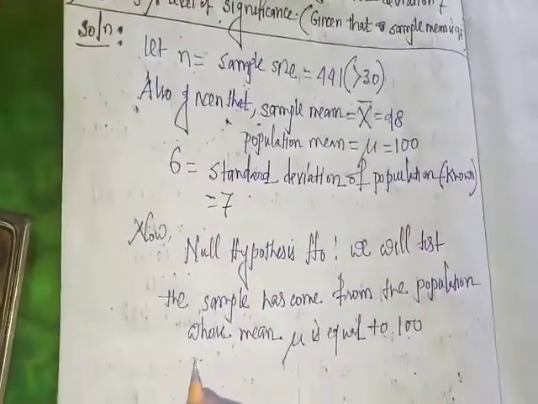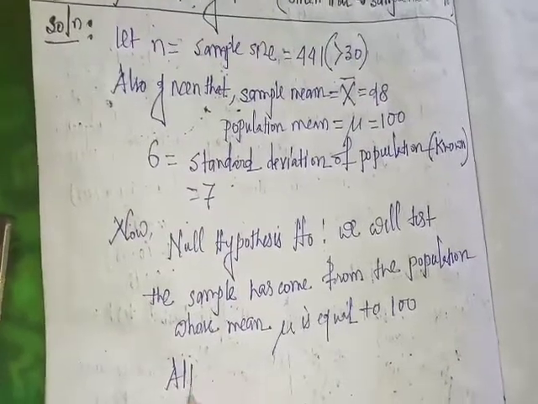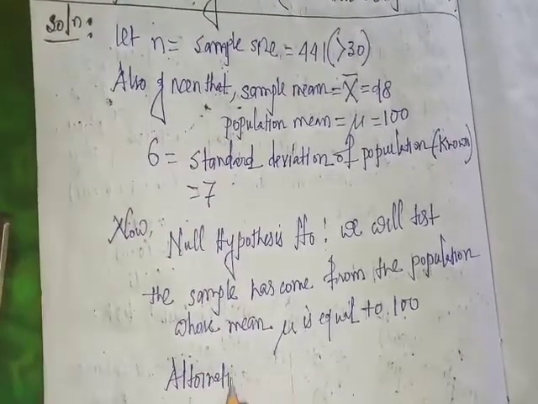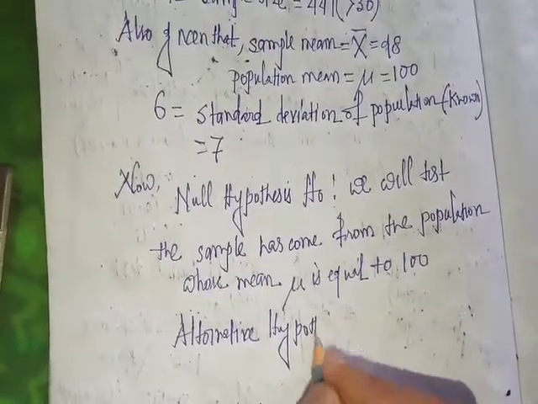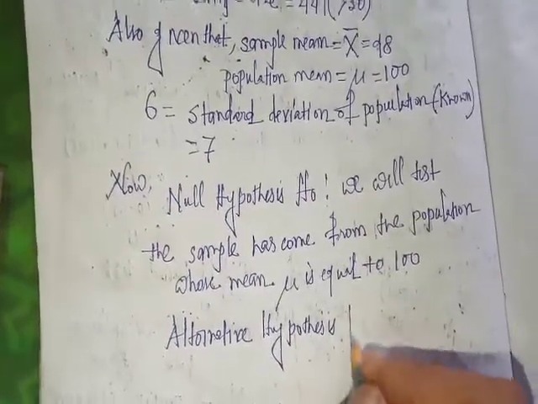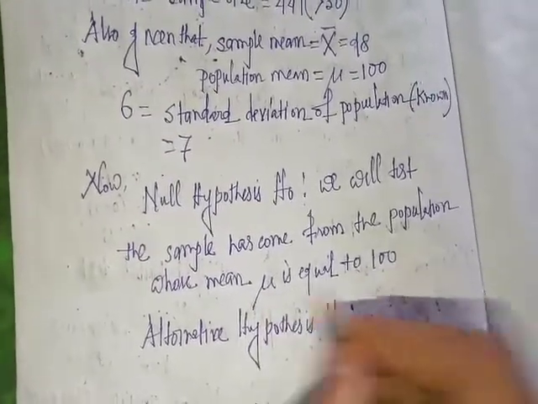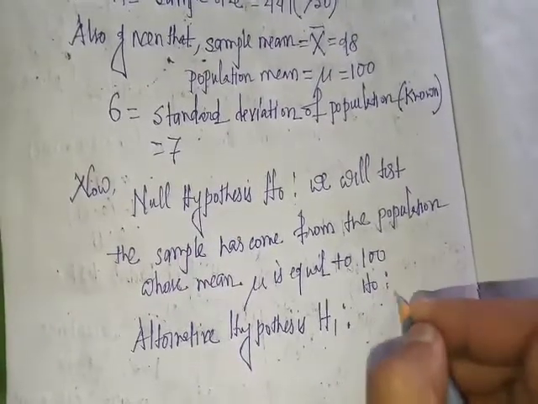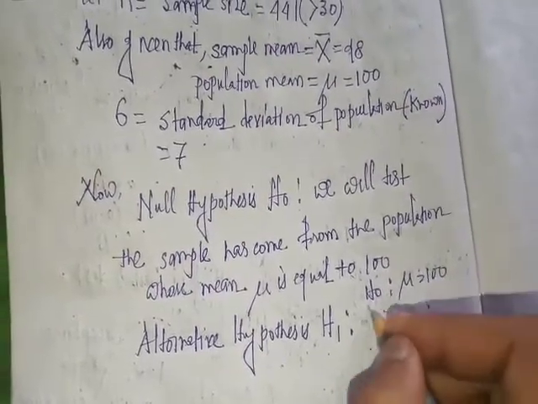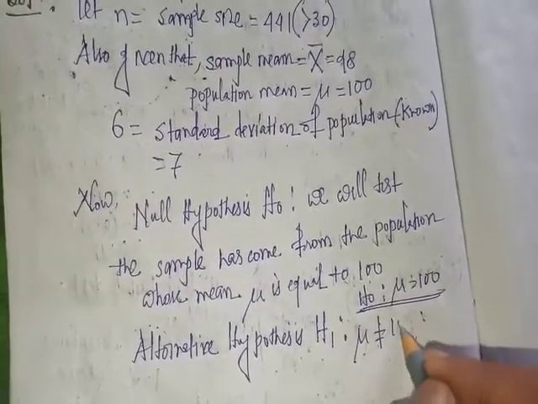And the alternative hypothesis is the complement of the null hypothesis. So H naught is mu equal to 100, and the alternative hypothesis H1 is mu not equal to 100.